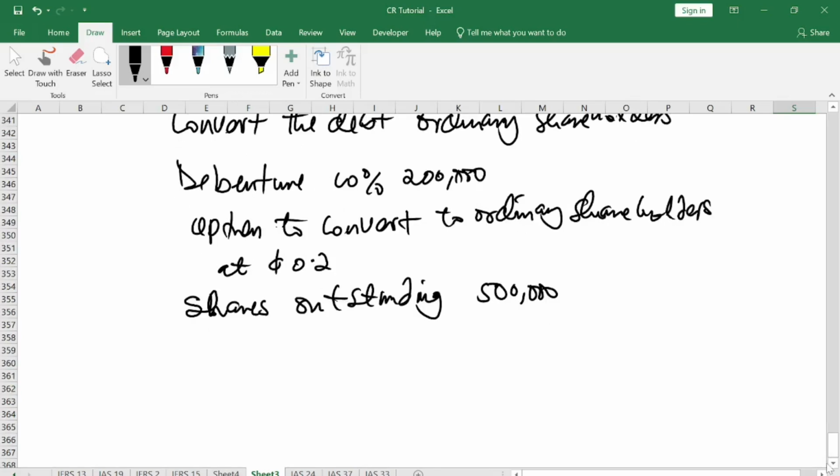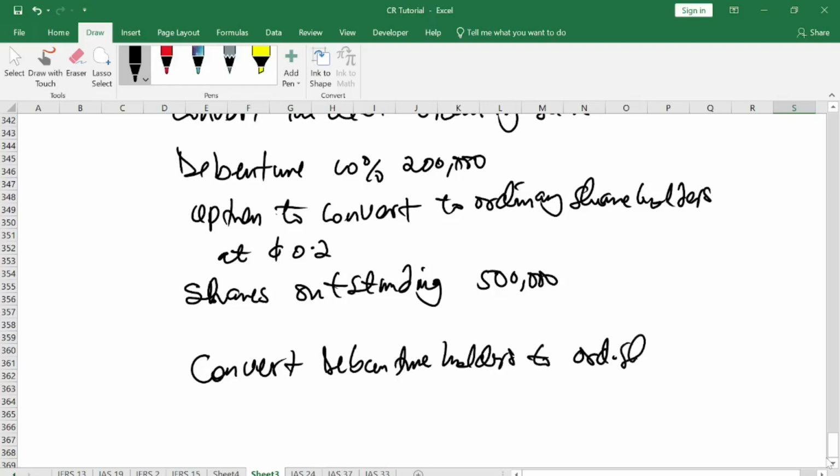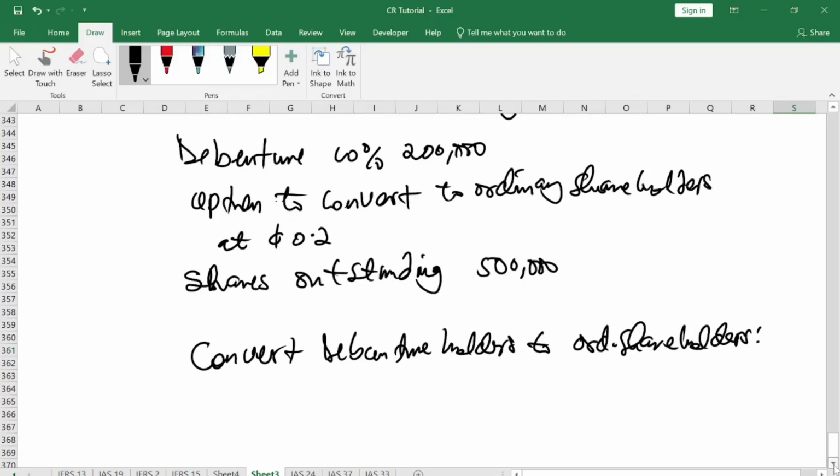What happens here? These people are creditors in your books. The moment you give them the option and they exercise it, you convert debenture holders to ordinary shareholders.